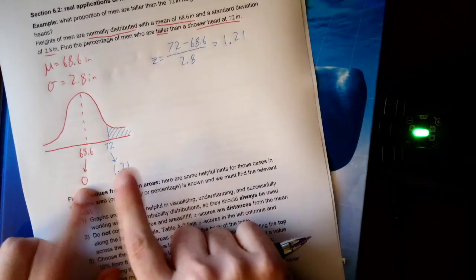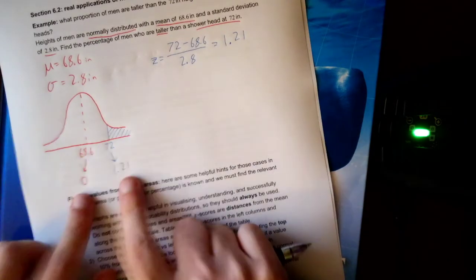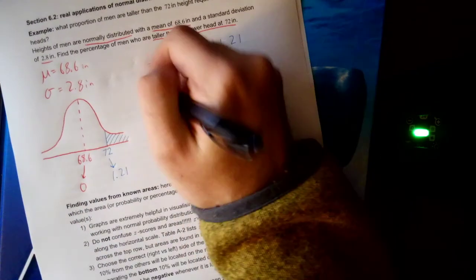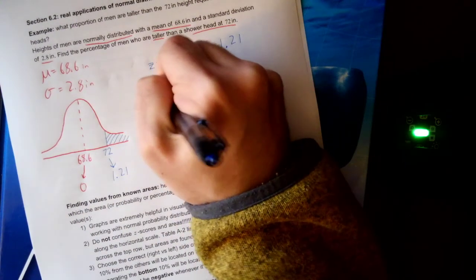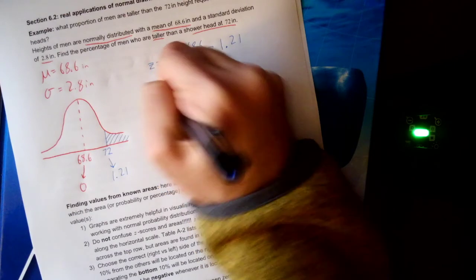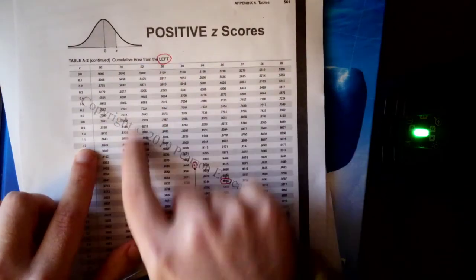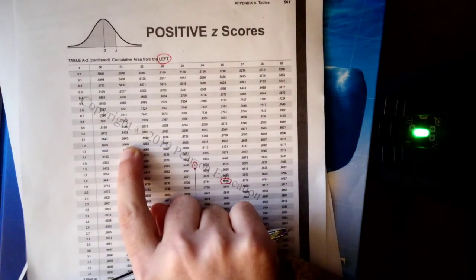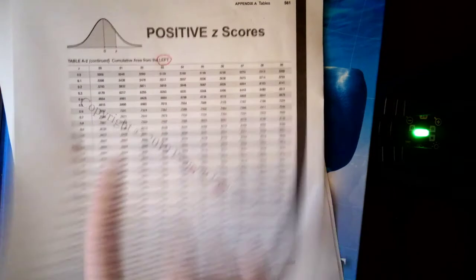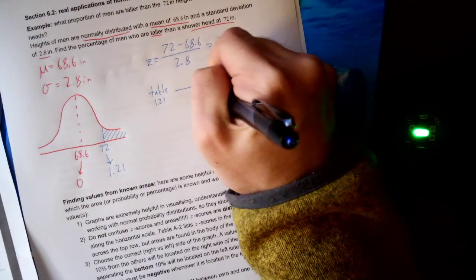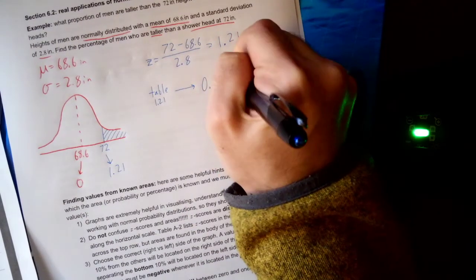Now, these numbers I can use with my table. So, I'm going to look in the table at 1.21 and see what number I get. Well, when I pull my table out, 1.21 gives me 0.8869.